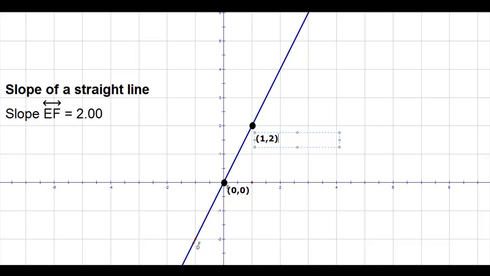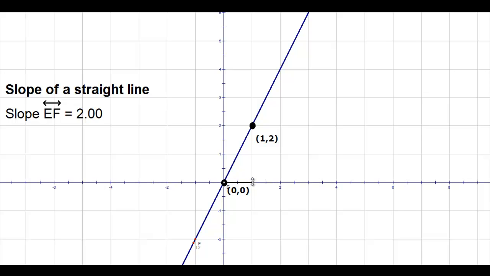So what we notice here is that as we move from the point 0, 0 to 1, 2, and of course the movement is in the right direction of the x-axis, x changes from 0 to 1.